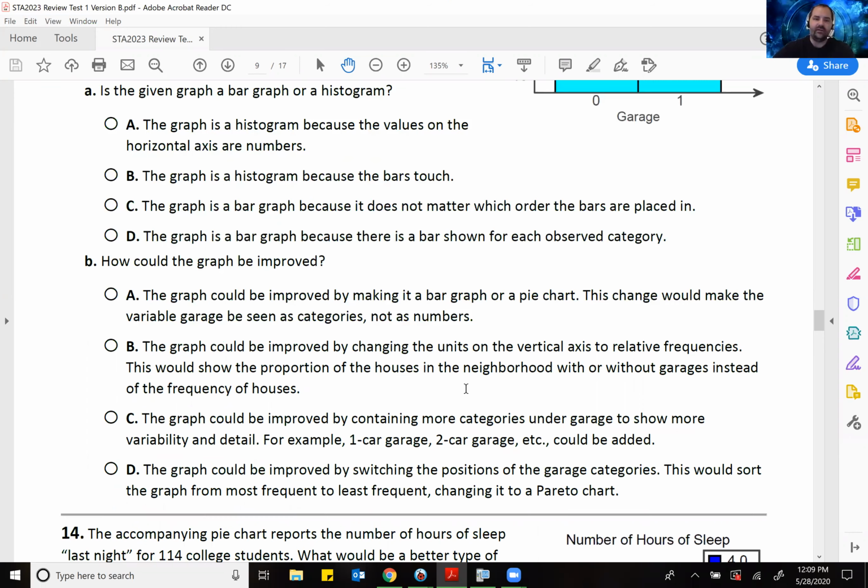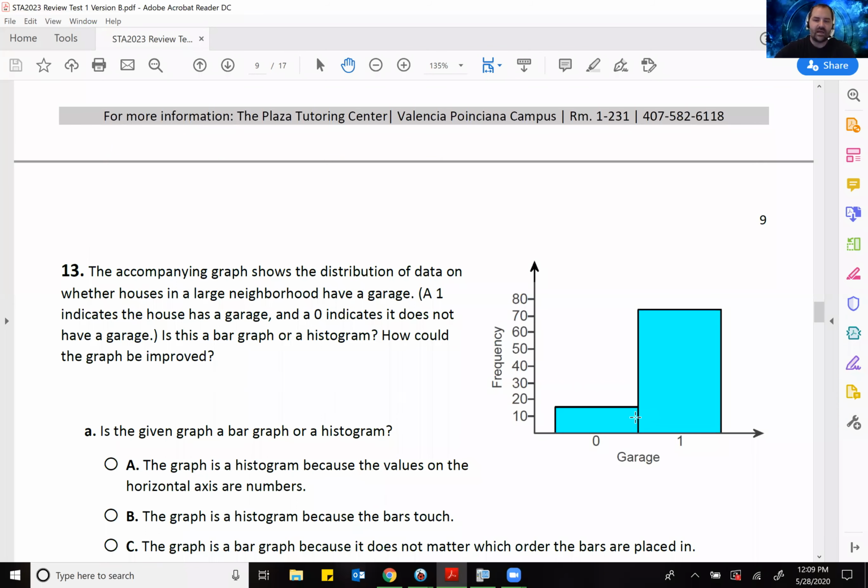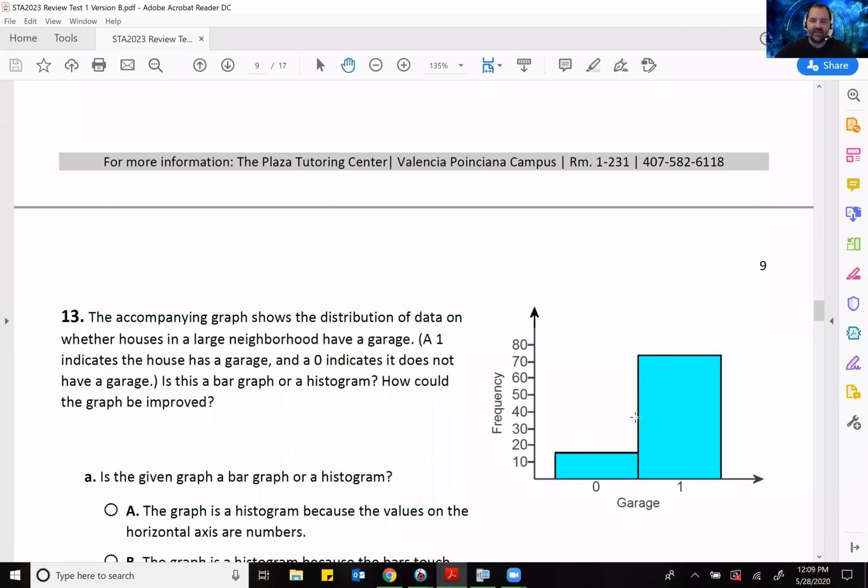Yeah. So how this can be improved would be to change it from the bar graph that it is into a pie chart. That's a way that we could improve this graph. Because basically, a Pareto chart really doesn't matter. There's only 2 categories. So it's not going to affect anything if I just switch the 2 bars around.